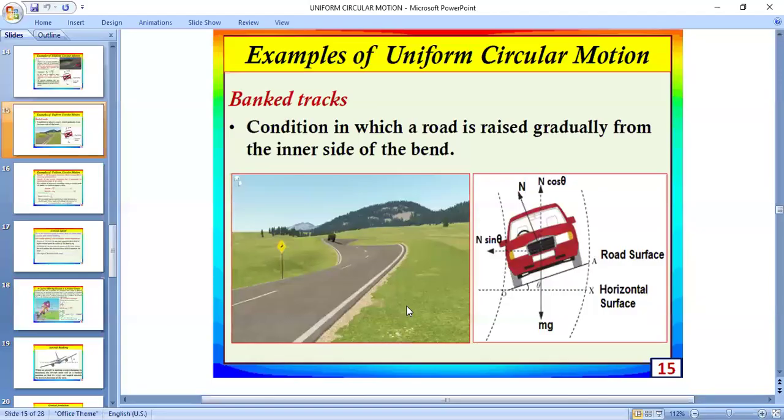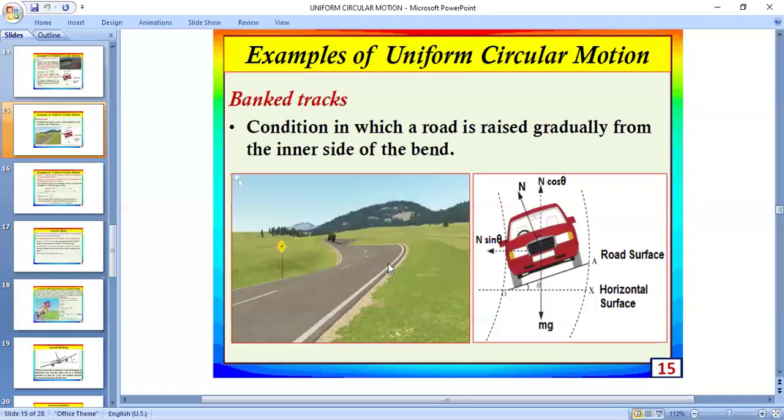To also assist in preventing skidding, we have roads that are banked. Banking of roads. So here we have a road that is raised on one side.